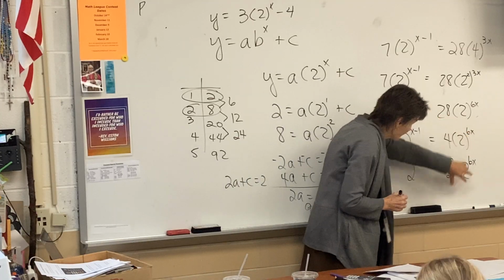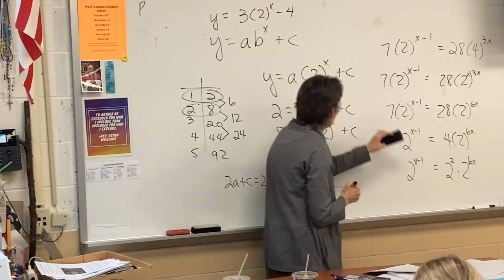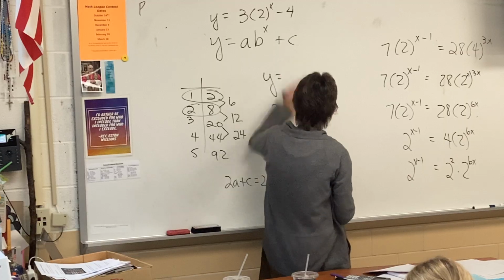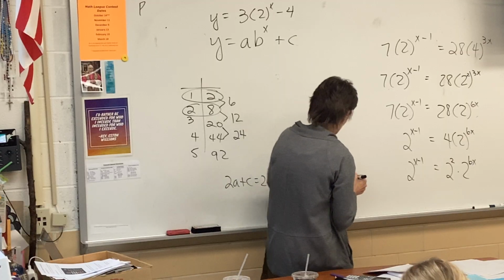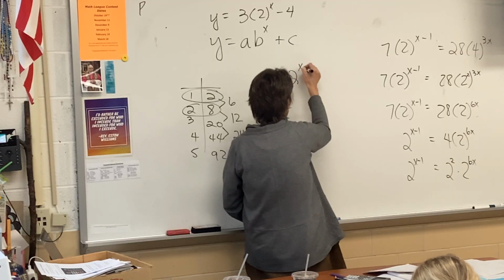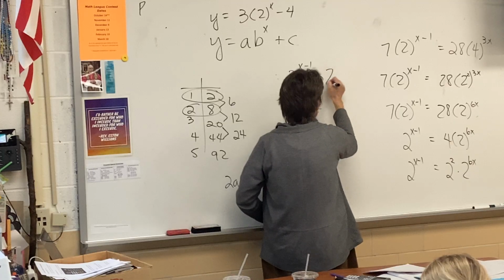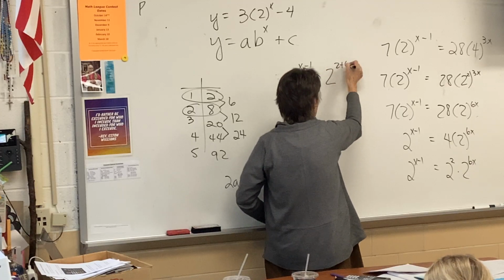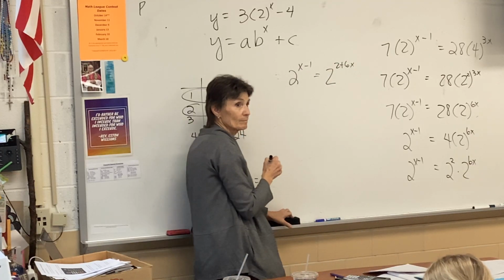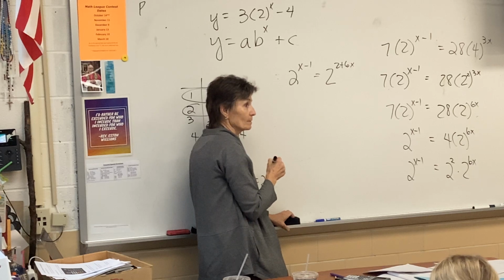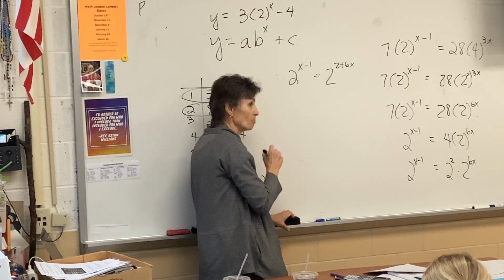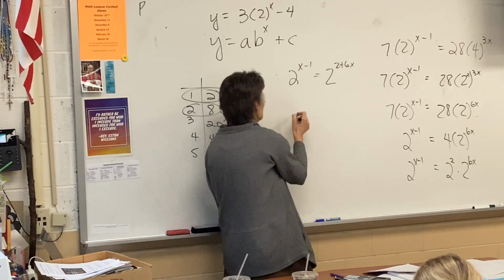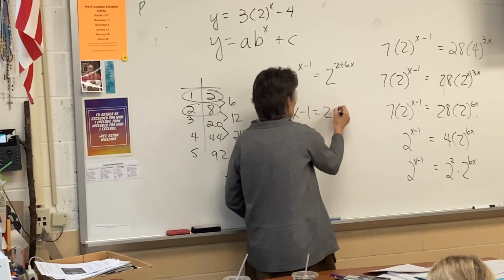How do I put these together? Those gotta go together. How do I do that? Add. So that's 2 to the x minus 1 equals 2 to the 2 plus 6x. At this point, you can set your exponents equal to each other.